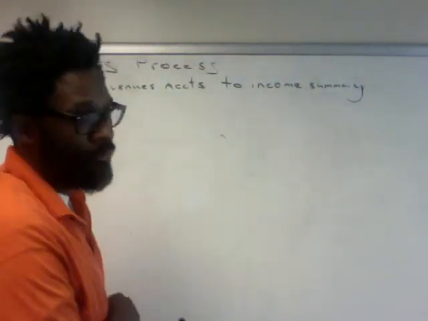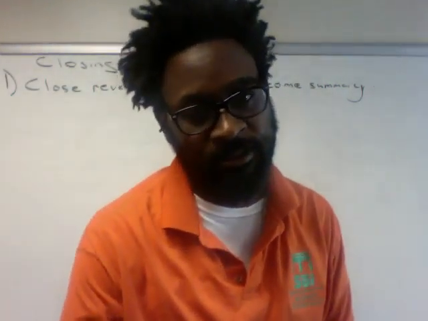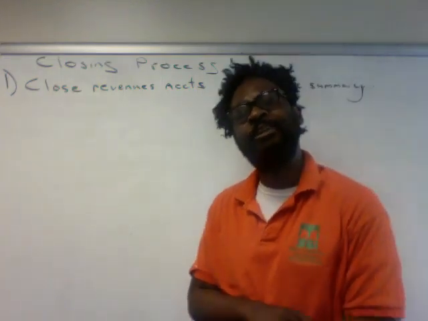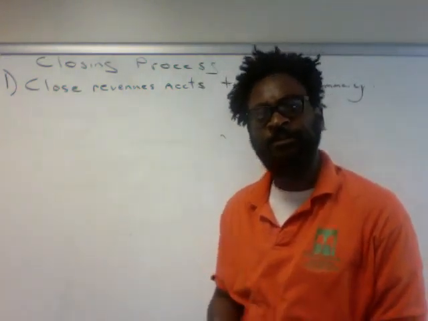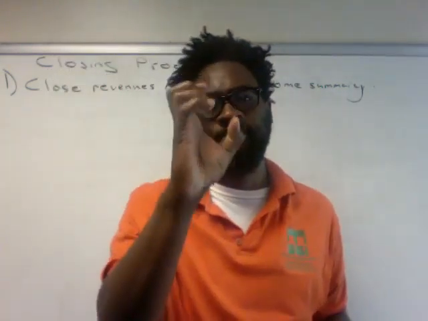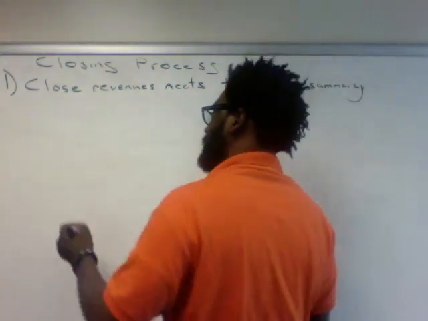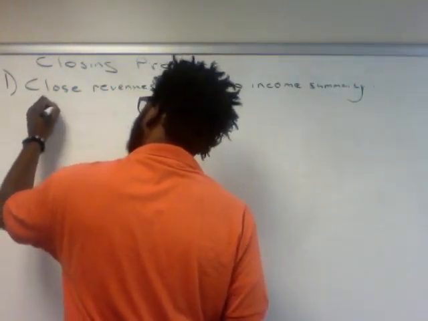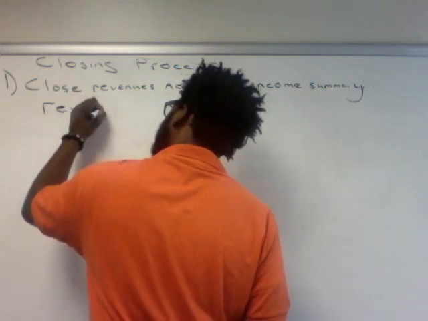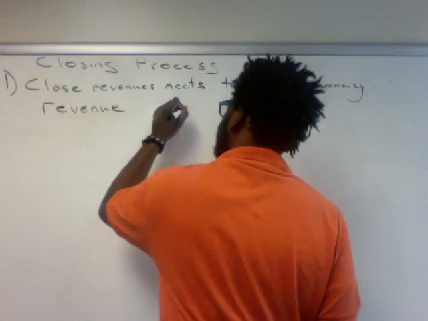So revenues have a normal balance of a credit because that's the side that revenues increase on. And so in order to ever close out a revenue, you have to do the opposite of increasing it. You have to decrease it to a balance of zero. And so how do you close out revenues? Through a debit, obviously. So to close out revenues, you're going to debit all the revenues for whatever the amount is that's in the ledger.